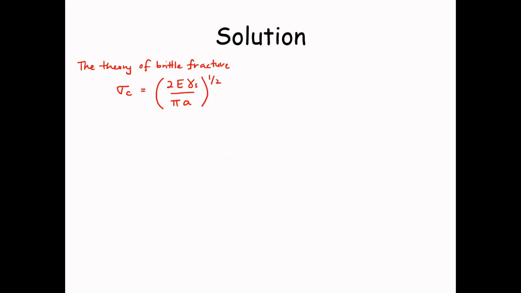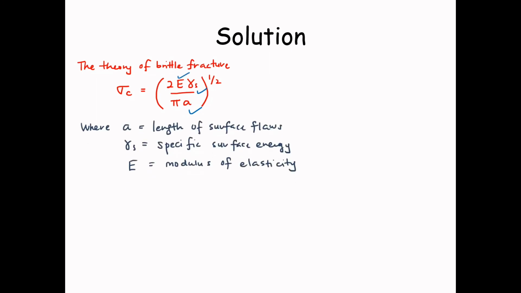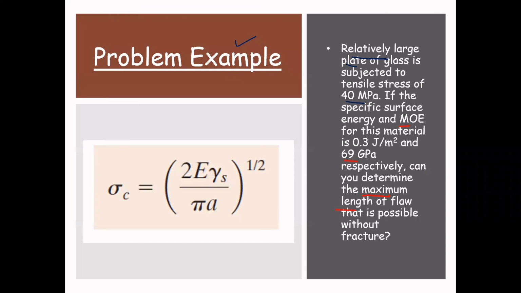Where A is equal to the length of the surface flaw, gamma S is the specific surface energy, and E is the modulus of elasticity. So what we want to determine in our question is the maximum length of flaw that is possible in the material without a fracture occurring.